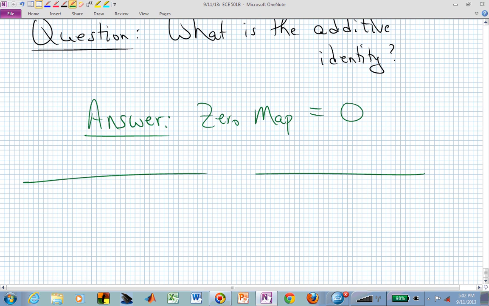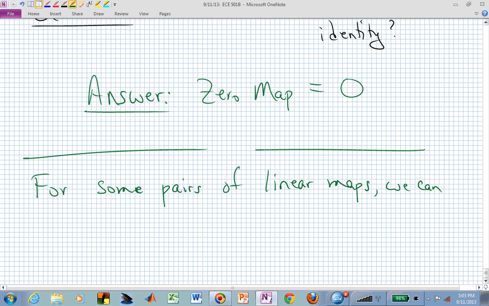Now, it actually happens for some of these pairs. If you take two linear maps, you can pair them up and actually sort of concatenate or do a product of those, or a composition of the maps. Sometimes that makes sense. So for some pairs of linear maps, we can even define multiplication.